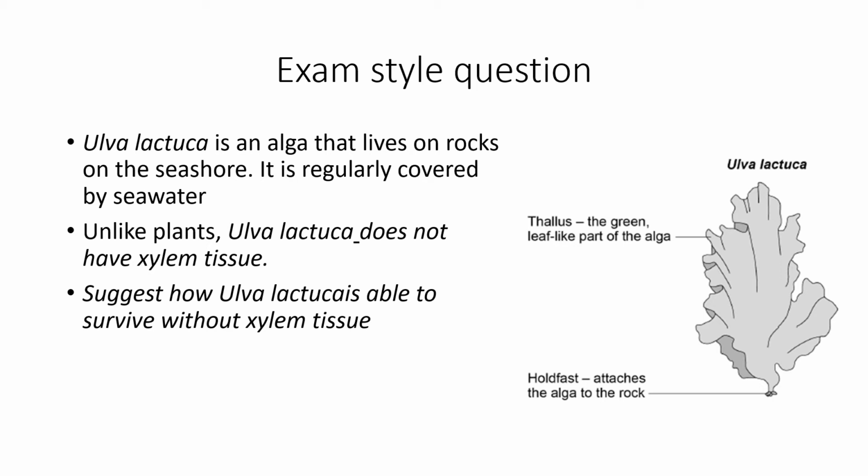In this particular organism, the rate of diffusion is fast enough that it doesn't need a transport system. So I'd have to come up with some specific examples of how that particular organism is adapted in order to maximize the rate of diffusion.